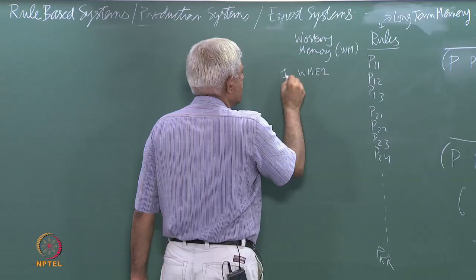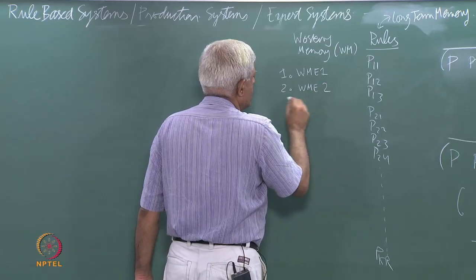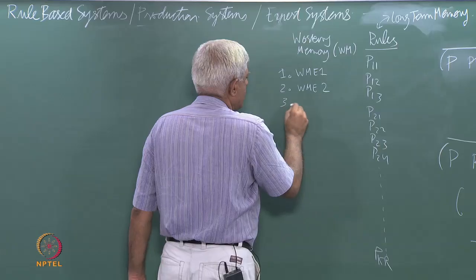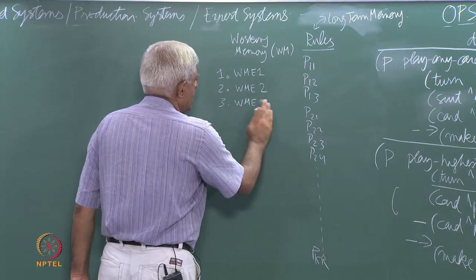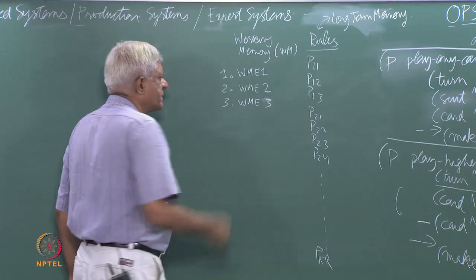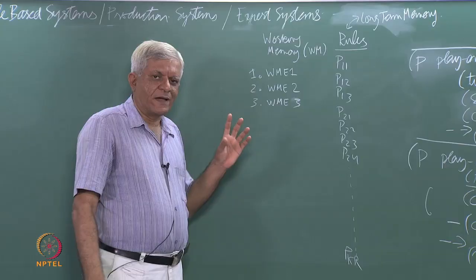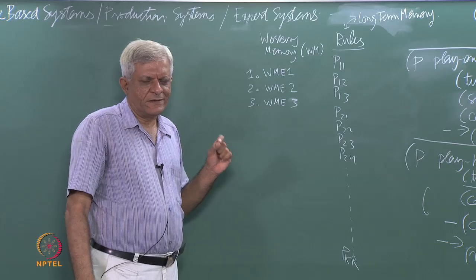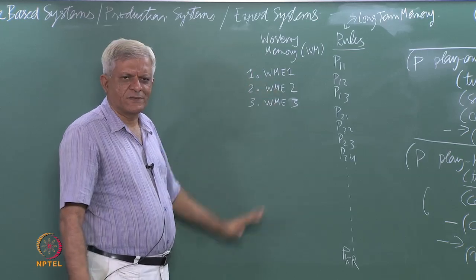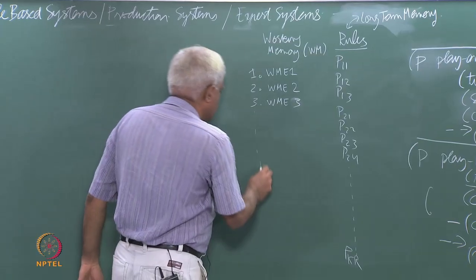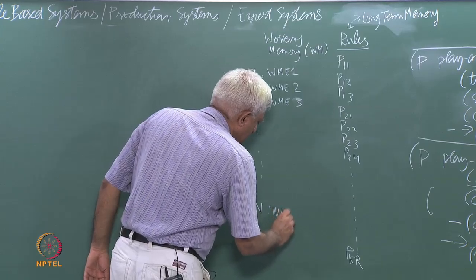So, this is the data item 1, then 2, and so on essentially. Now, remember that the actions on the right hand side of rules are allowed to delete data, which means they might delete some working memory element. So, some things might vanish on the way, but initially let us assume that we have some capital N number of working memory elements.